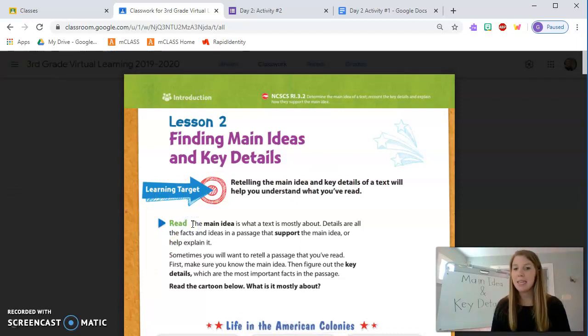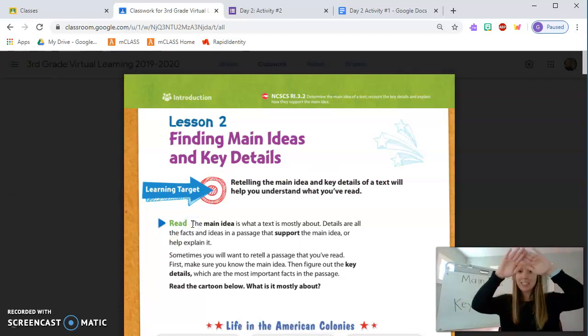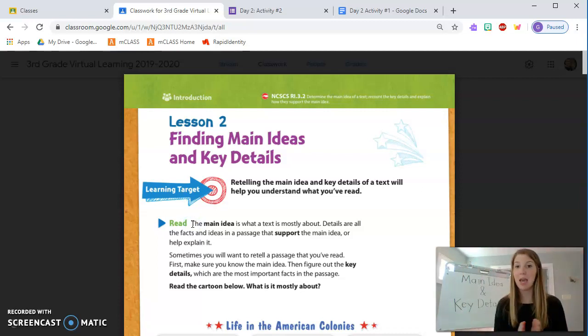The main idea is what the text is mostly about. Details are all of the facts and ideas in a passage that support the main idea or help to explain it. Now, sometimes you'll want to retell a story.